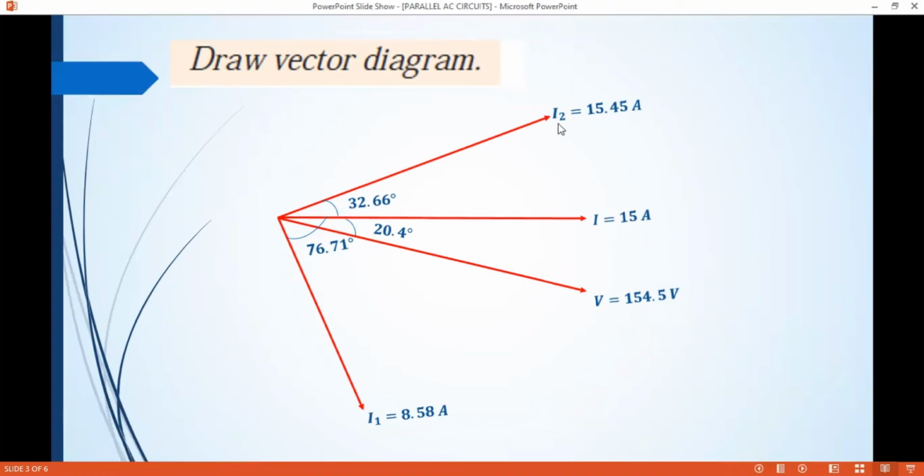And next is for the I2, or the current 2. Since our angle for the current 2 is positive 32.66, it goes up. So we have 32.66 above our total current. So that is our phasor diagram.